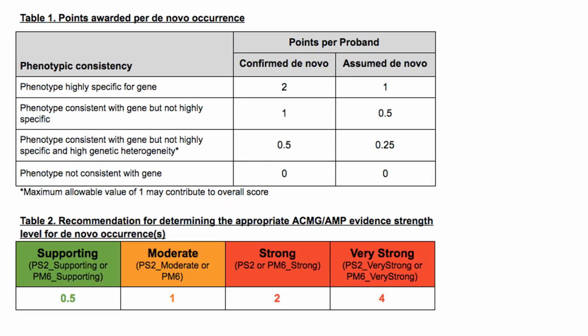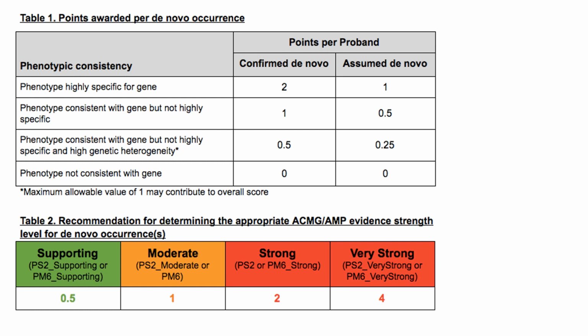We wanted to publish guidance for how to use these de novo occurrences because a question often comes up of when you have multiple de novo occurrences, how do you add these all together to figure out the applicable strength? So in this top part of the table, we separated de novo occurrences into two different scales.